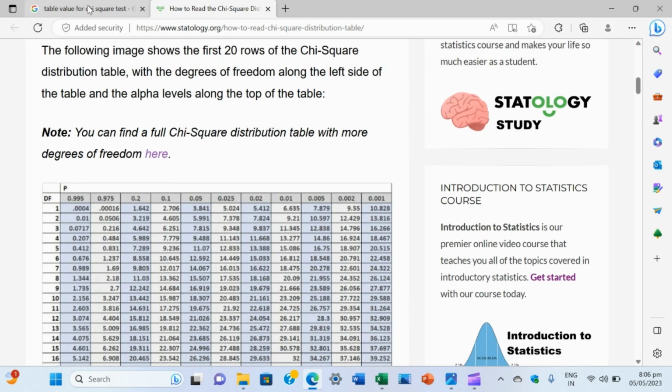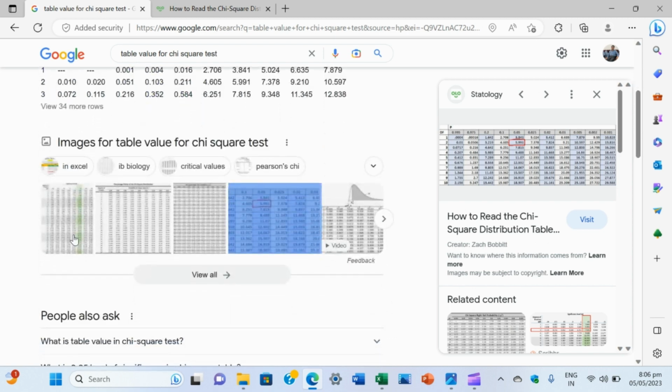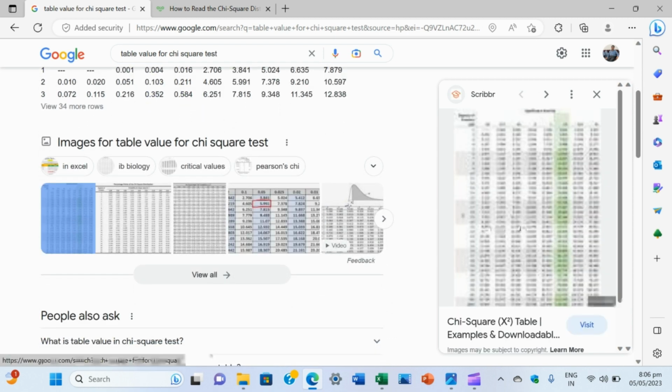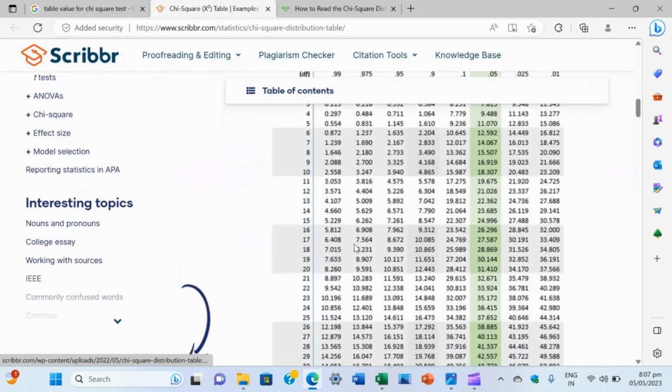We search another table, which will be easier to show.